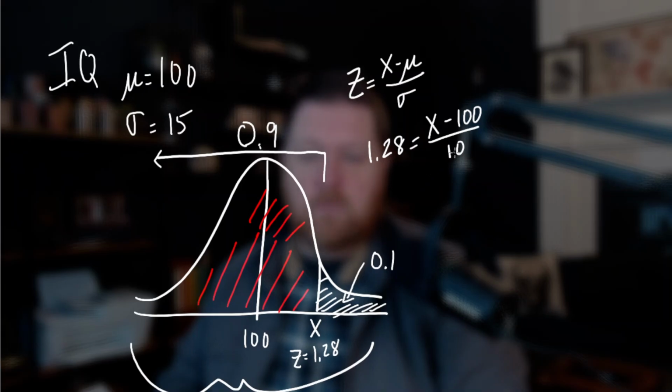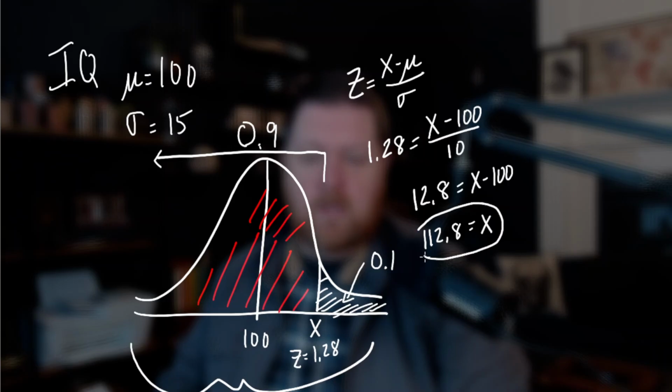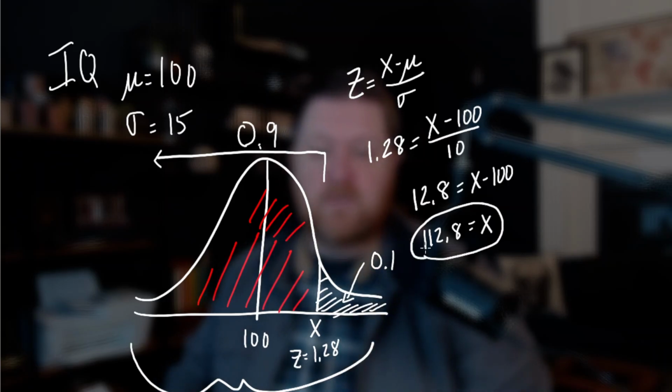Let's multiply both sides by 10, and we get 12.8 is equal to x minus 100. Let's add 100 to both sides, and we get 112.8 is equal to x. So x here, this line, is at an IQ of 112.8. And that's our answer. So on an IQ test, if you score above 112.8, you're in the top 10%.